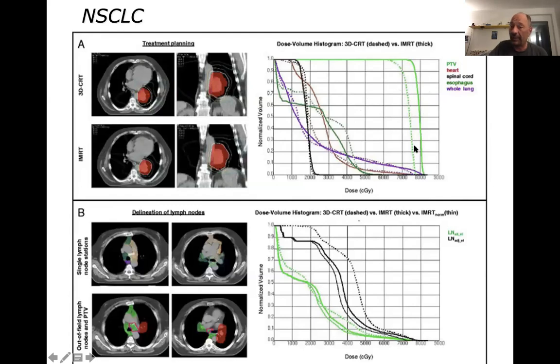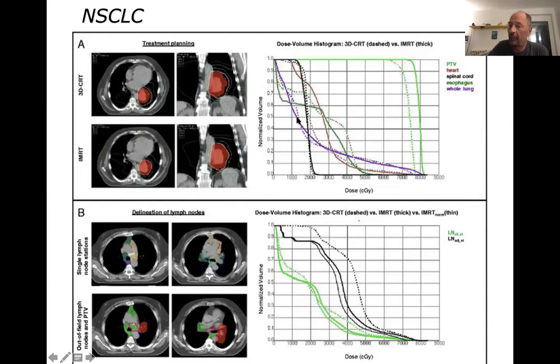The coverage of the target with 3D CRT is necessarily poor, because you cannot go so high with 3D CRT, because you will have unacceptable toxicity. But still, you see that the toxicity in the heart, in red, in the spinal cord, in the esophagus, and in the whole lung are generally worse with 3D CRT.